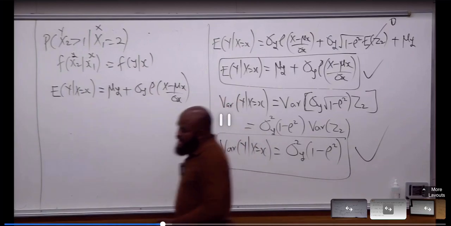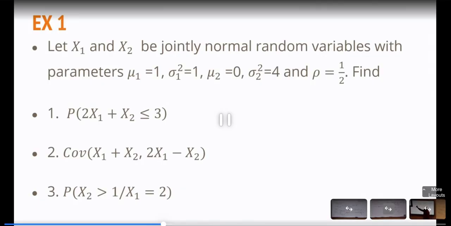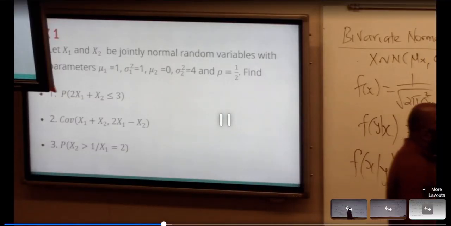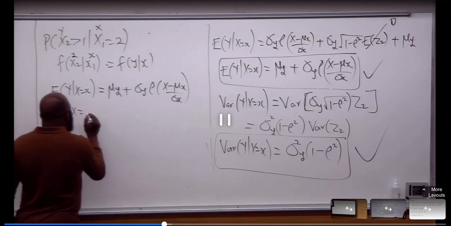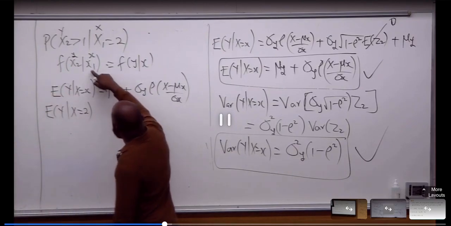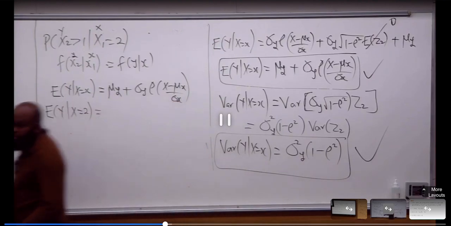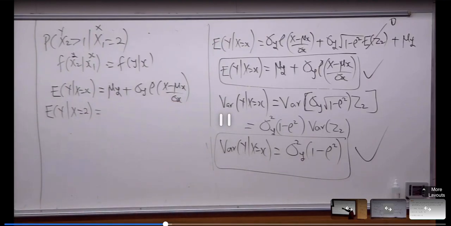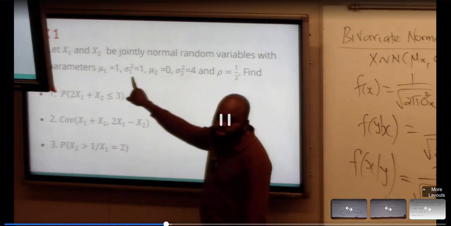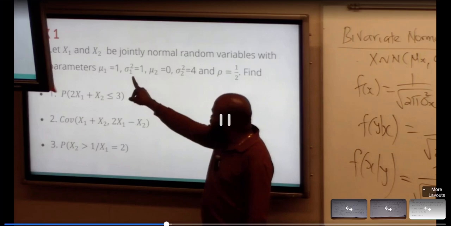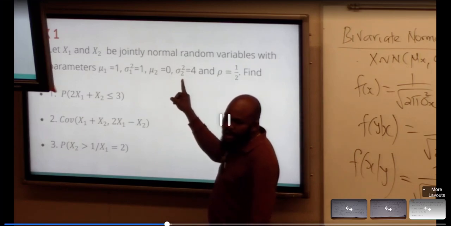And you know that you've been given a lot of stuff here. Now I want to find the expected value of y given x equal to 2. Don't forget your x1 is 2. Mu y here is mu 2. This is mu x, mu 1 is mu x, sigma 1 squared is sigma s squared, and this is mu y, and this is sigma y squared. Does that make sense now?